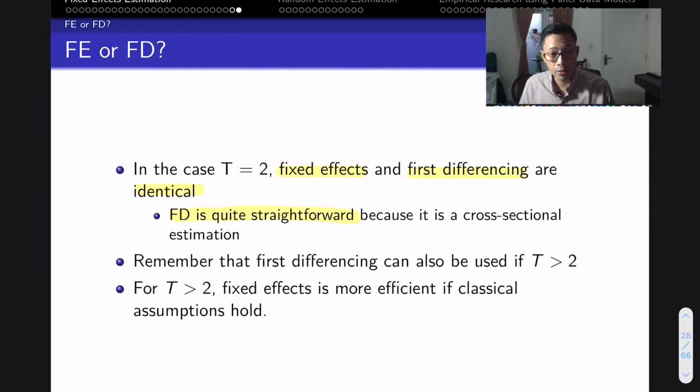But again, there are going to be issues. One is correlated standard errors across time. In this case, the fixed effects is going to be more efficient if the classical assumptions hold. Efficient here means that it's going to produce the lowest standard error.